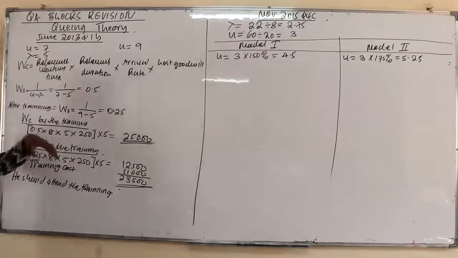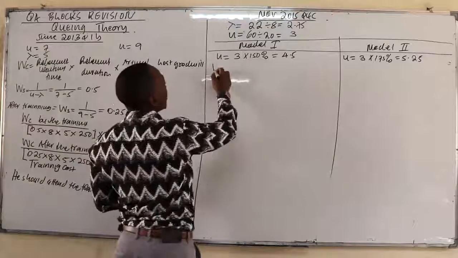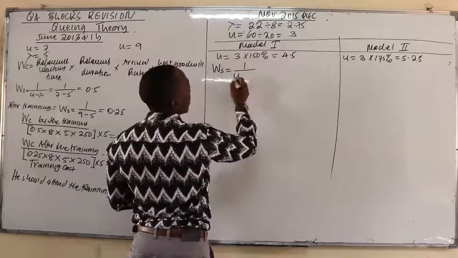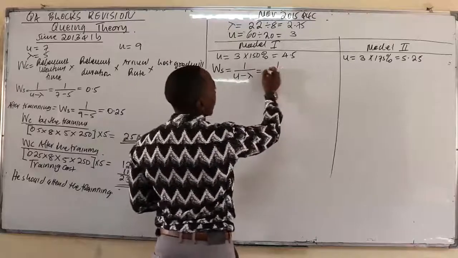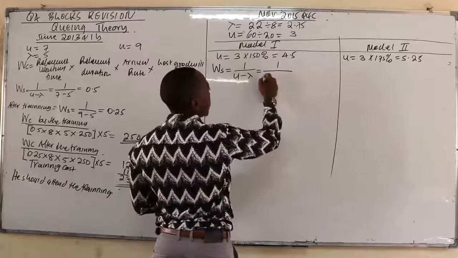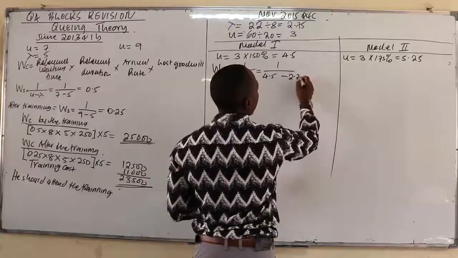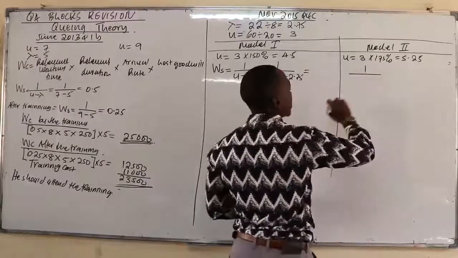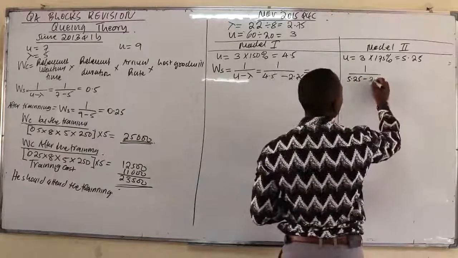So with that now, let's go back here. I'm not writing that formula again. To get the waiting cost, you take the relevant waiting time. And in this case, the relevant waiting time is the waiting time in the system, which is 1 over service rate minus arrival rate. So in this case, it will be 1 over the service rate increased to 4.5 minus the arrival rate. Arrival rate does not change, it was 2.75. For model 2, it will be 1 over the service rate increased to 5.25 minus the arrival rate of 2.75.